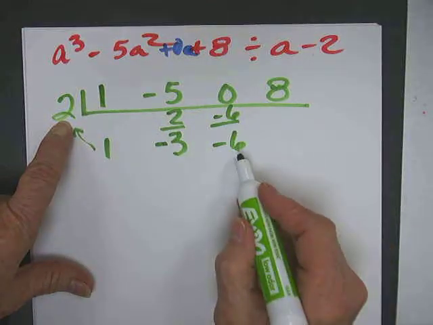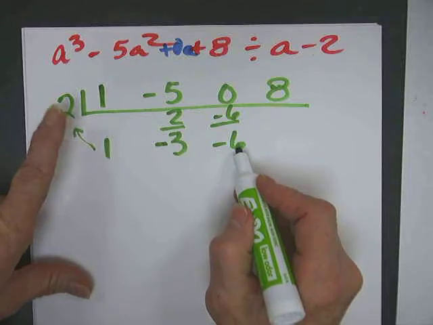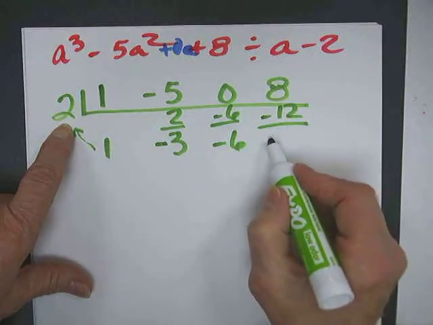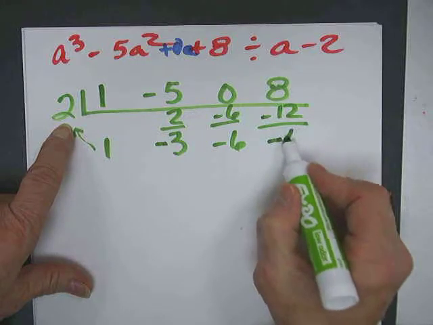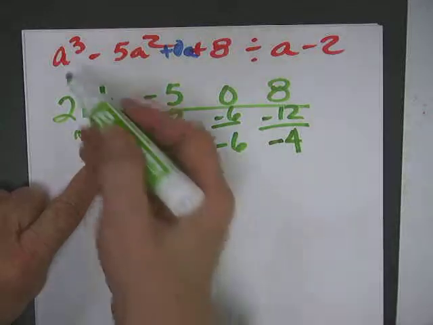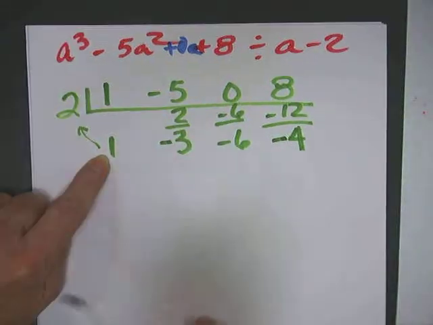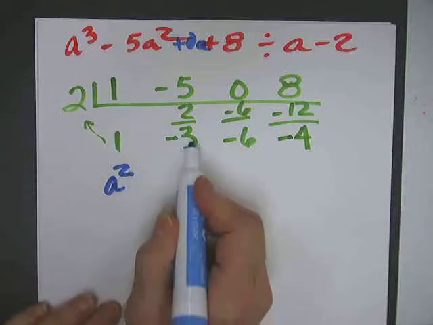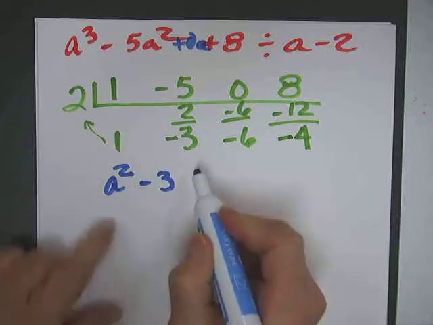A cubed minus 5a squared plus 8 divided by a minus 2. It did the same thing. So you can bet it's probably going to do that to you also. There's no a's in there.